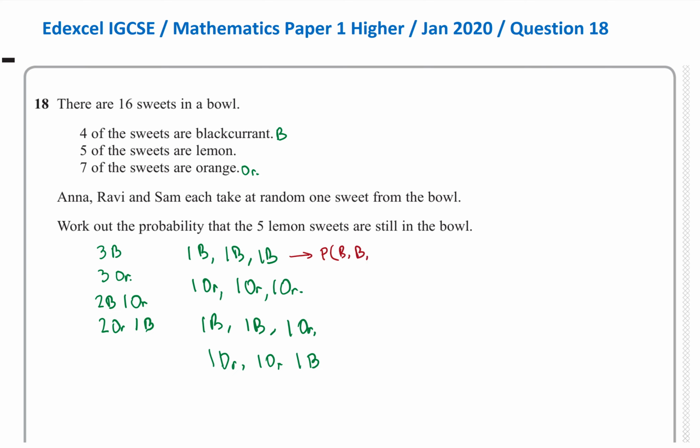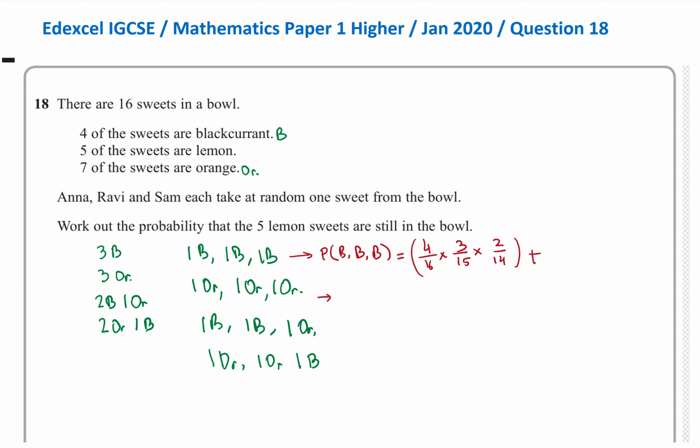Blackcurrant and then another blackcurrant, that would be the first blackcurrant, the probability is 4 out of 16, multiplied by the second blackcurrant, so 3 out of 15, multiplied by the third blackcurrant, so that would be 2 out of 14. Then to this we'd have to add the second case where there are 3 oranges.